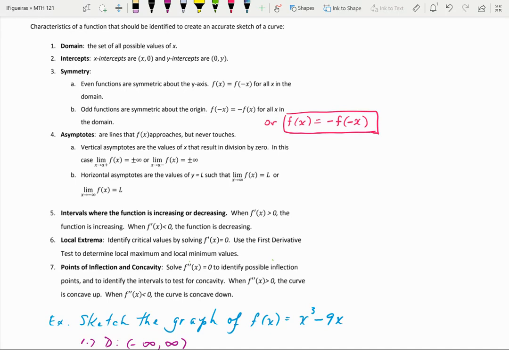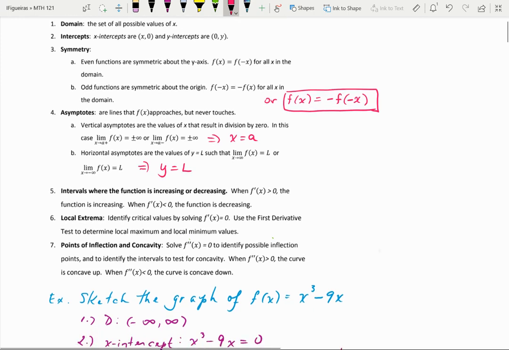If f of x goes to plus or minus infinity, then x equal to a would be considered a vertical asymptote. Horizontal asymptotes are found by taking the limit as x approaches either infinity or negative infinity. If that limit equals a finite value, which we're calling L, then you can say that y equal to L is a horizontal asymptote.